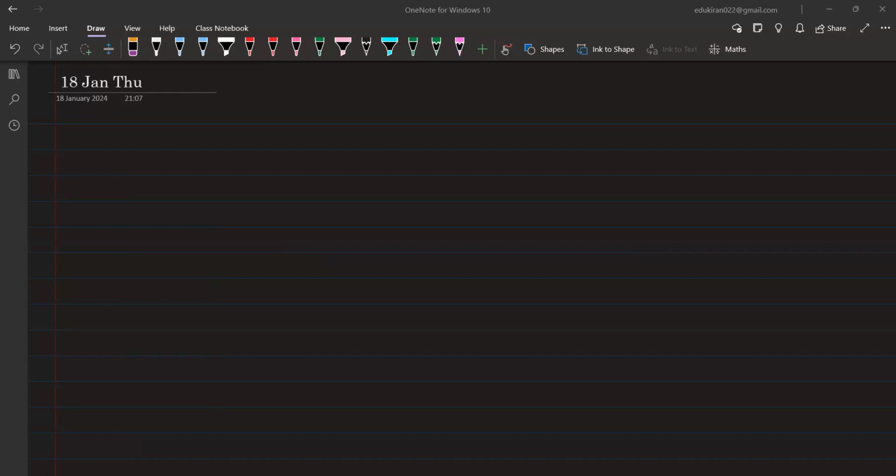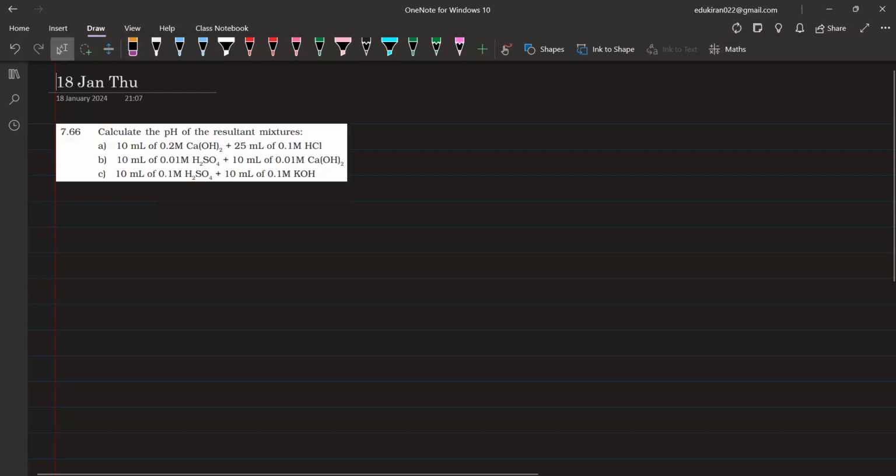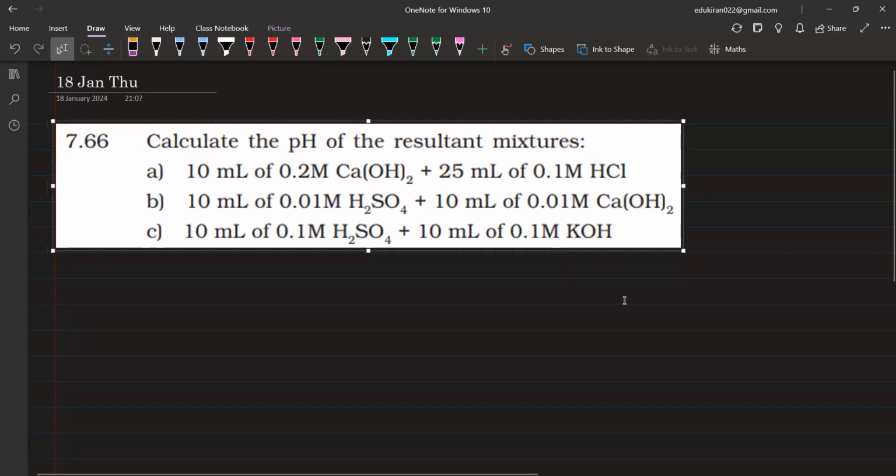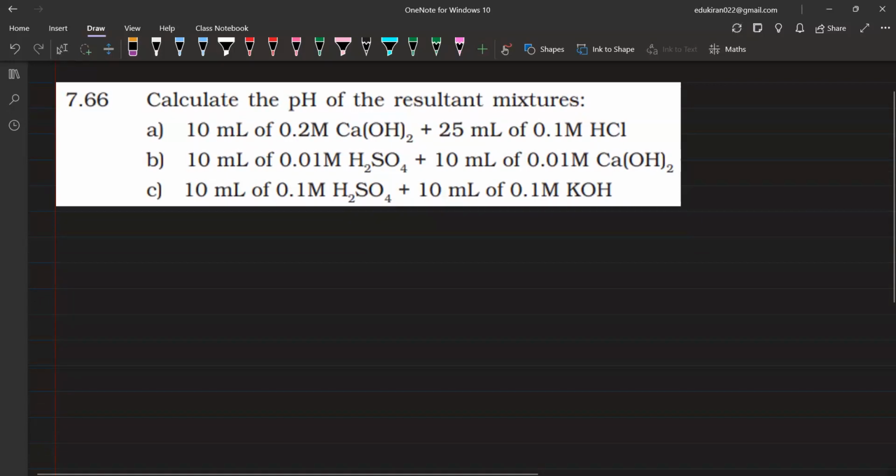NCERT class 11, first book, last chapter. So these are three questions in the NCERT in which you have to calculate the pH of the mixtures.